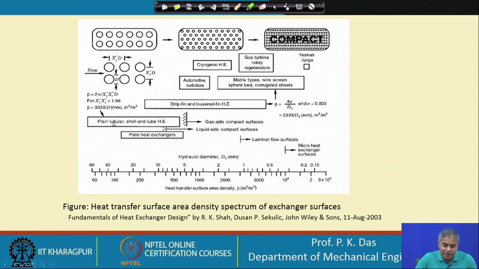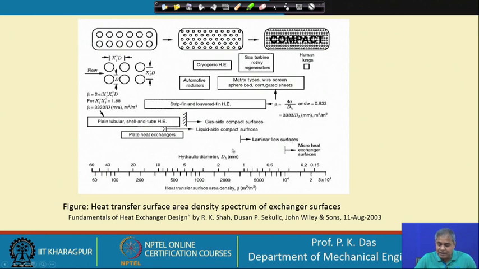So, that has very little compactness. Then what we can do is, this compactness can be increased if on the gas side we provide some sort of compact surface. Then the plate heat exchanger has larger compactness compared to this, and here again we can have some liquid side compact surfaces.